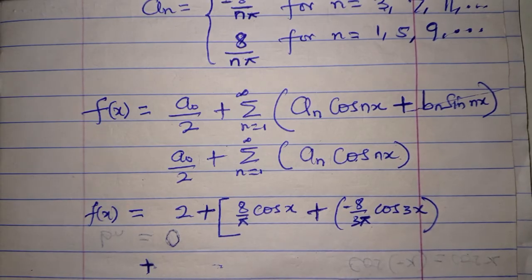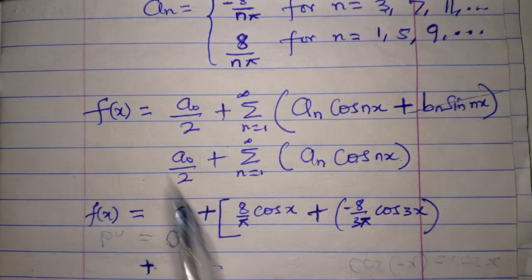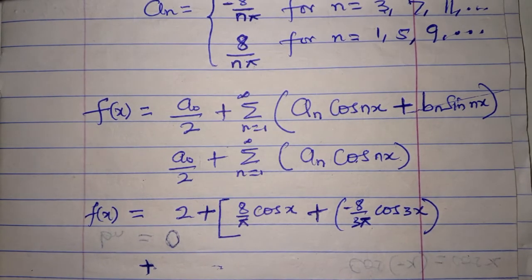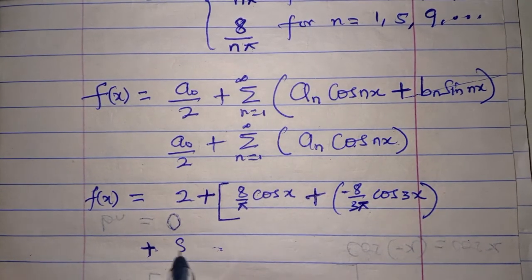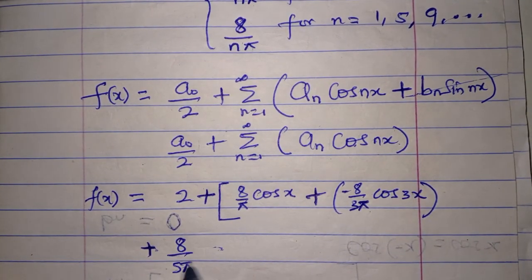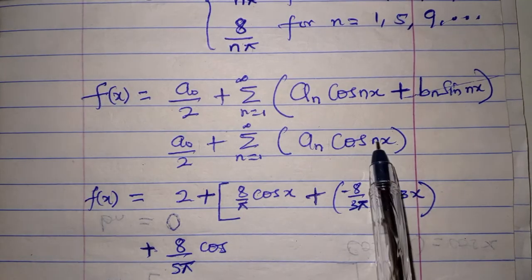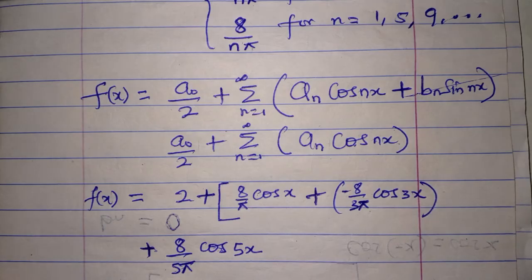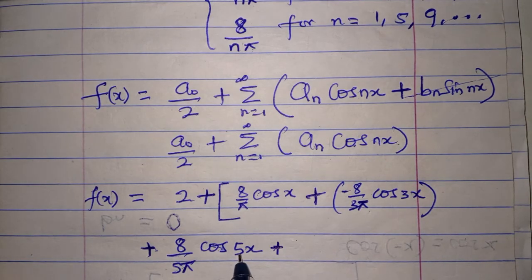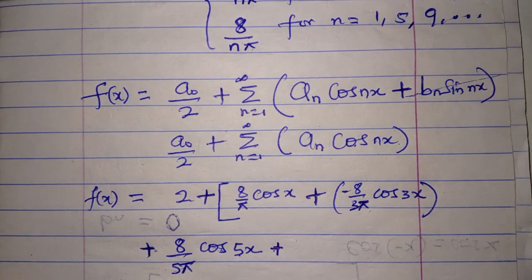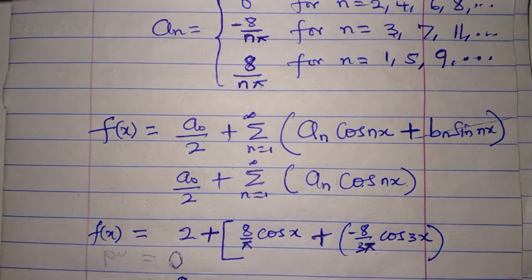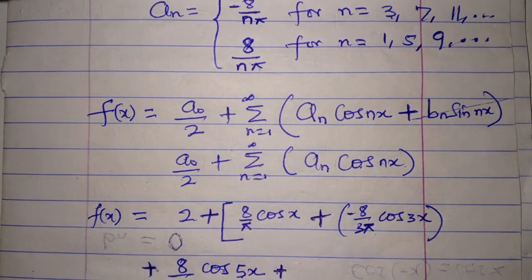So when n is equal to 5, we'll have 8 over 5 pi cos 5x. The next one will be 7. We are supposed to take 6, but a sub n for n equal to 6 is 0. So for n equal to 7, it is still minus 8 over n pi, but it will now be minus 8 over 7 pi.